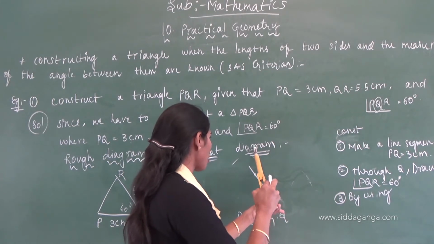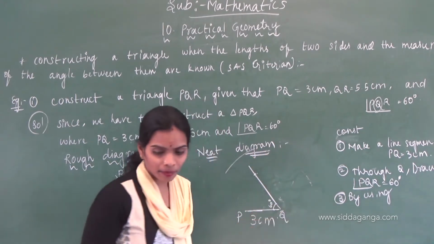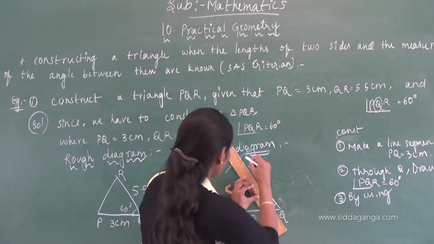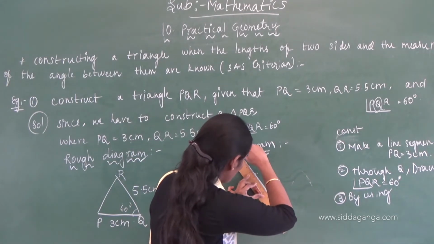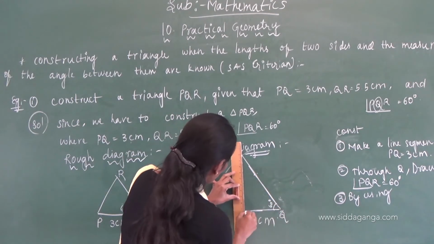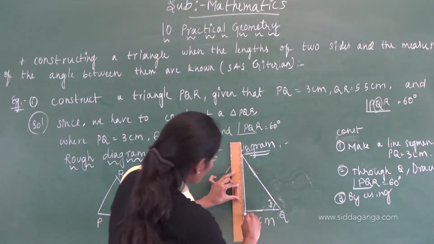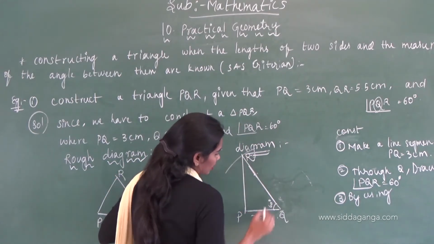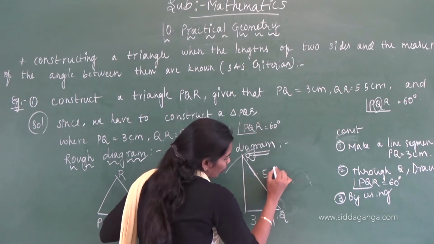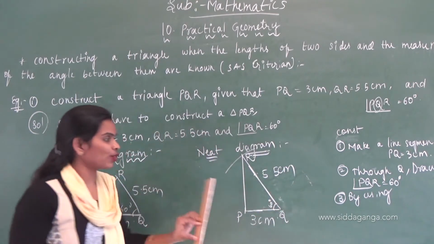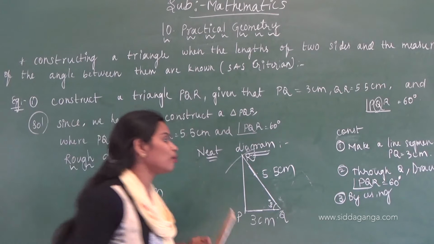One minute children. Correct? And then I am prolonging it. This one is 5.5 centimeters. This one is 5.5 centimeters.